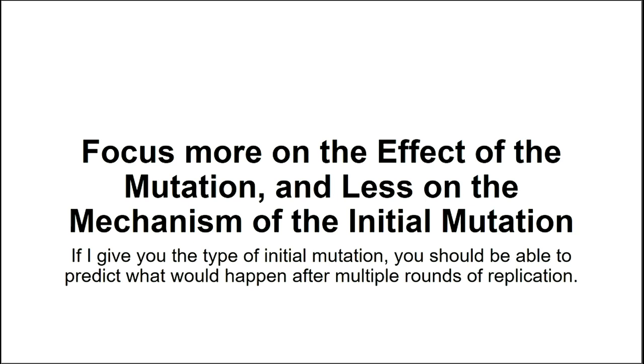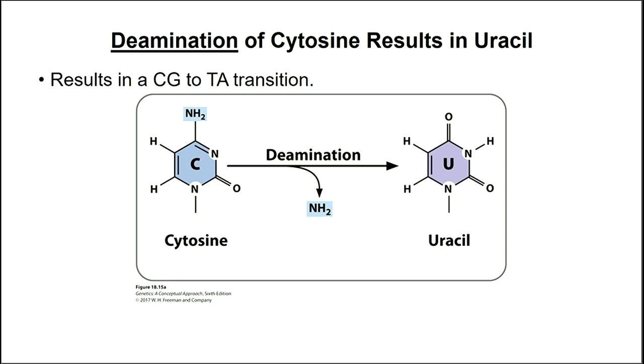If we removed a purine and we replicated the cells before we were able to fix it, how would that change the DNA sequence? So here's the DNA deamination of cytosine. So deamination of cytosine creates a uracil.